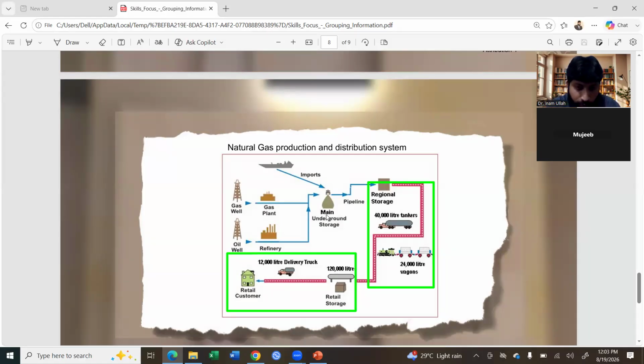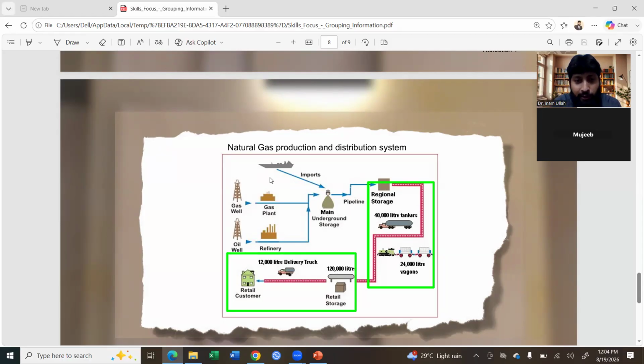How should we make a group from a diagram? As I've already mentioned, when you are grouping data, you are not grouping diagrams. You are actually grouping data in the process in the diagram. So you should look for the relevancy of different processes or terms.